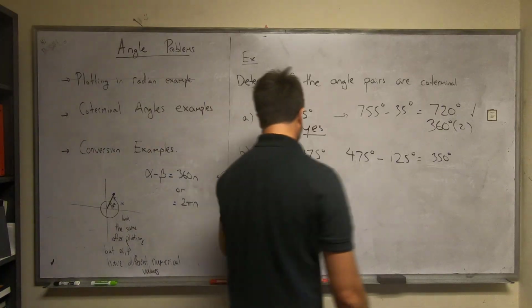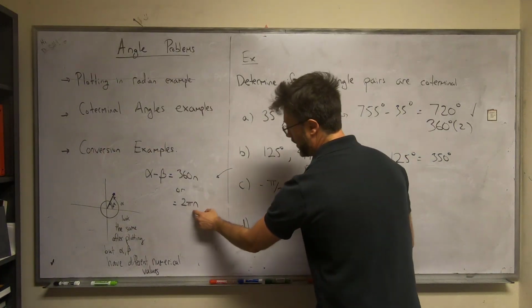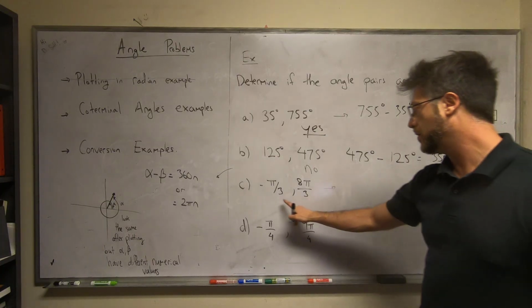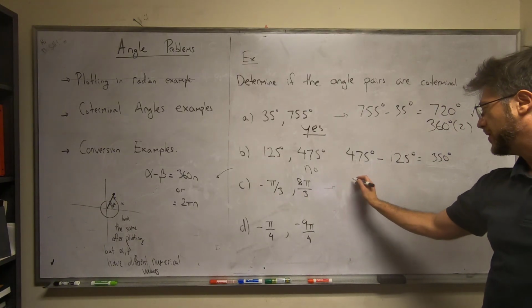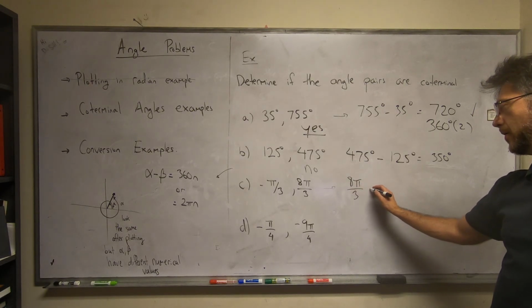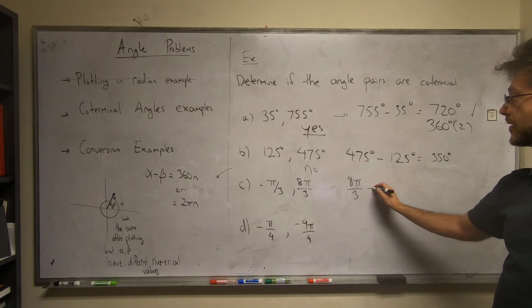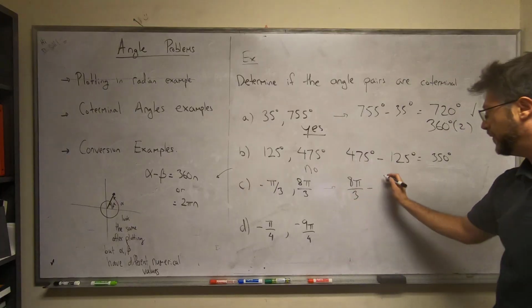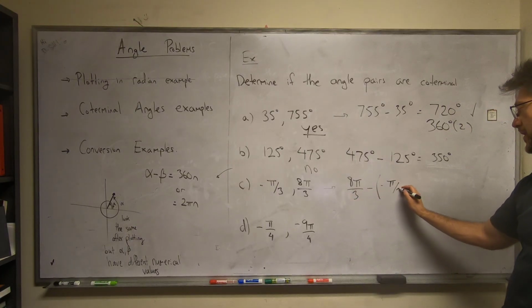Okay, so likewise over here, we're just now thinking in the system of radians, and we could do the same, larger minus smaller, and just see if it's a multiple of 2 pi. So 8 pi over 3 minus, right, I've been subtracting throughout, but minus a negative, minus minus becomes a plus.